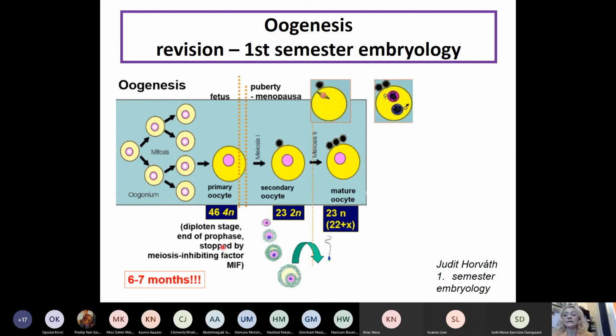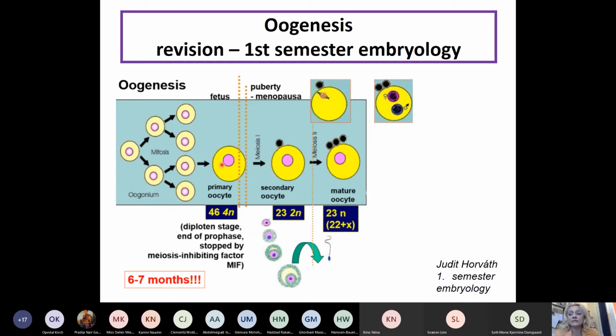So this is the end of prophase, and the development stops here. Until puberty, actually no further development will happen. This whole thing lasts about 6-7 months. I will show you further graphs and emphasize further that it's not 2 weeks.